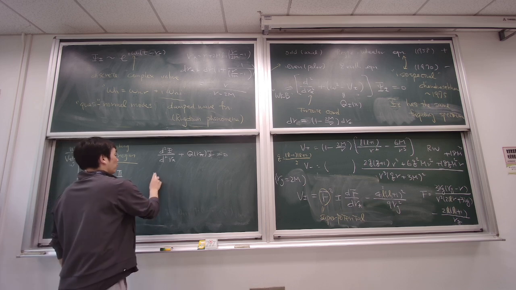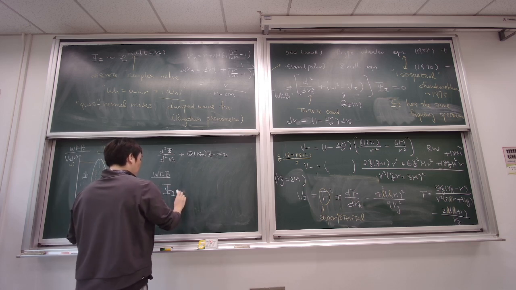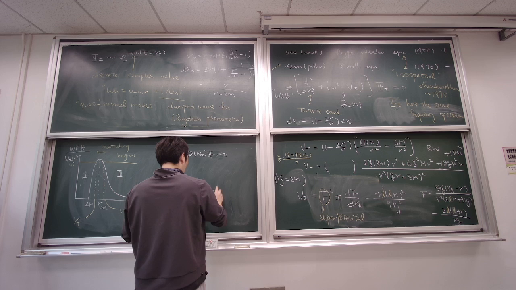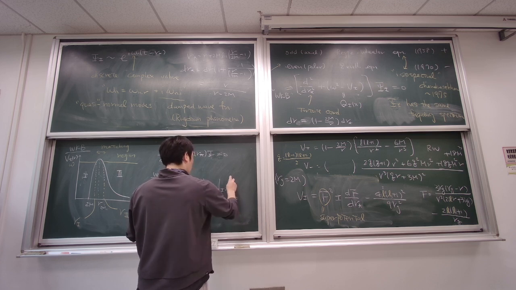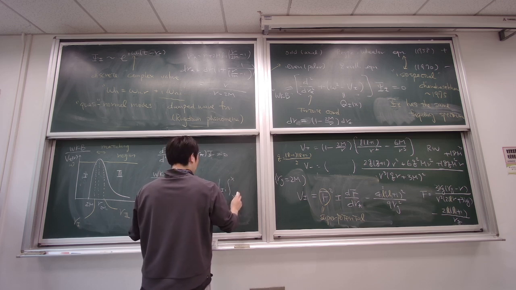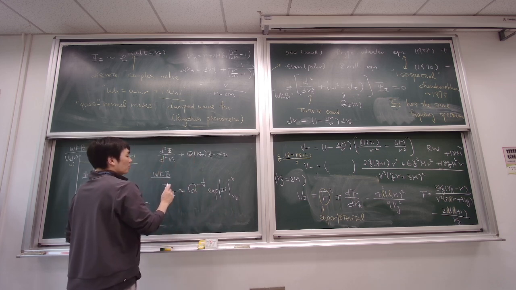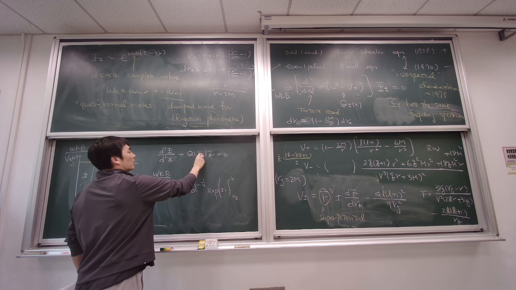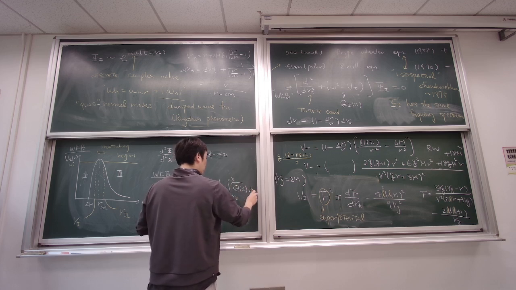WKB tells us the wave function should behave this way: q to the minus 1/4 exponential of plus minus i integral over x of q of x to the 1/2 dx.